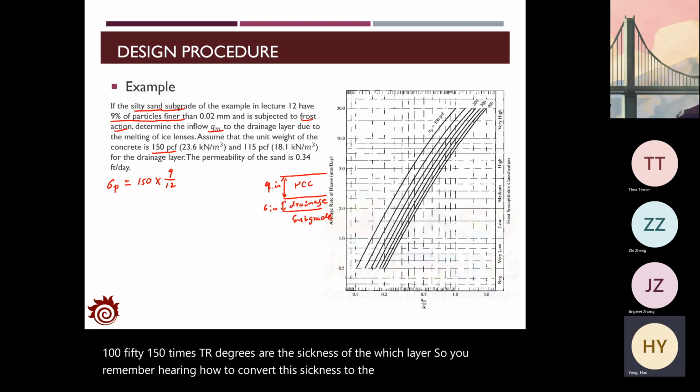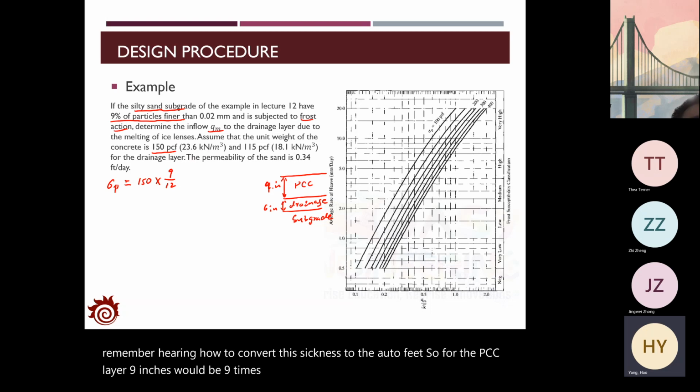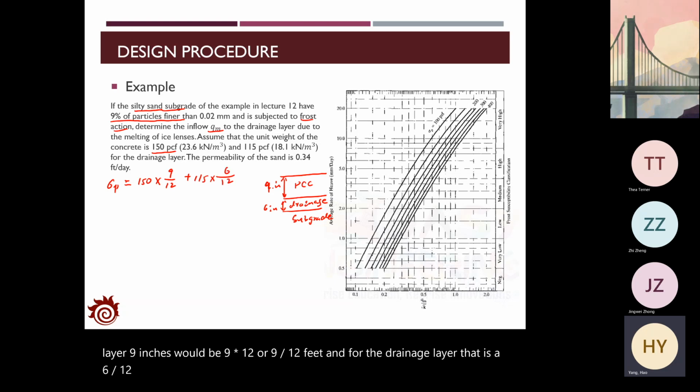For the PCC layer, 9 inches would be 9 divided by 12 feet, and for the drainage layer, that is 6 divided by 12 feet. With that, we can find sigma P as 170 PCF.